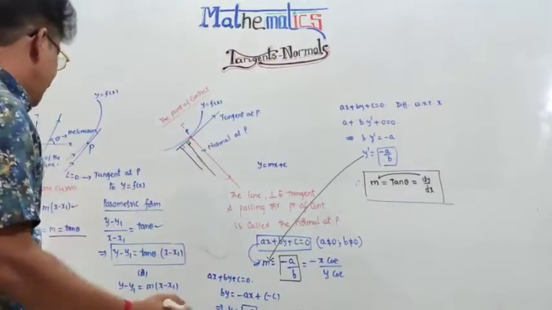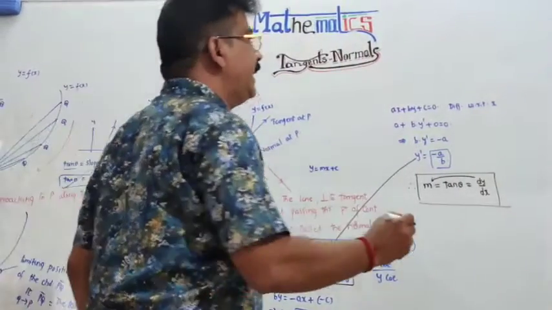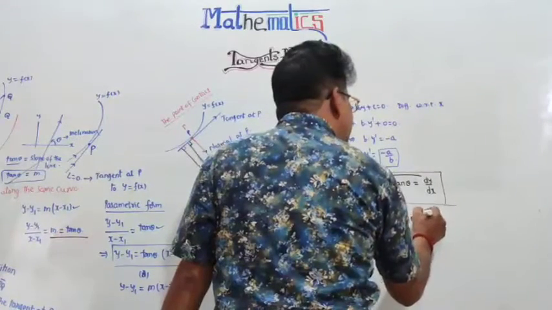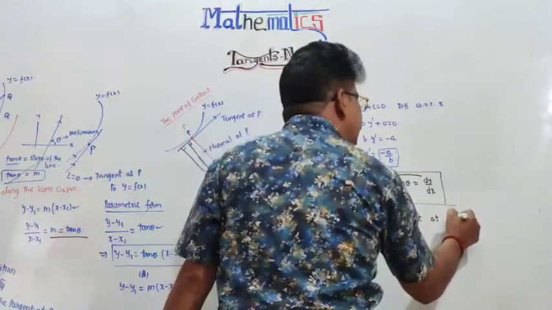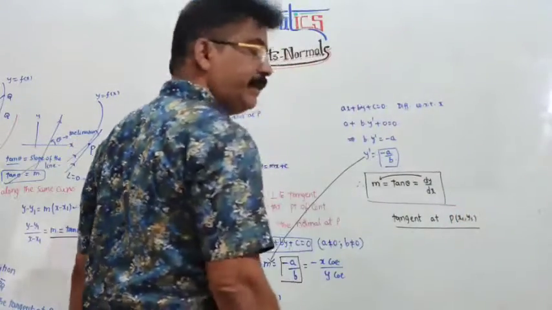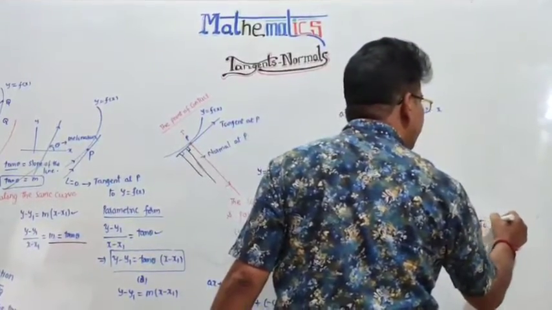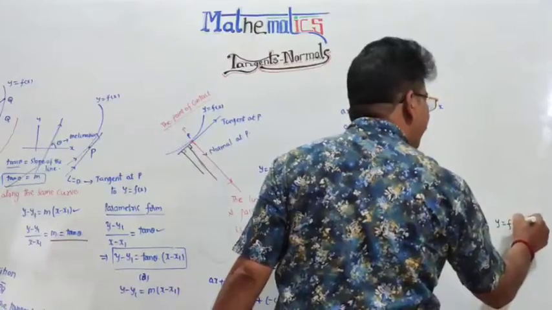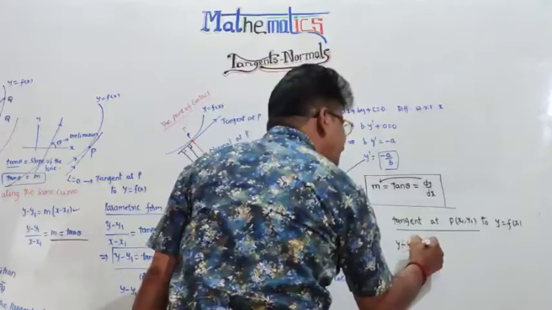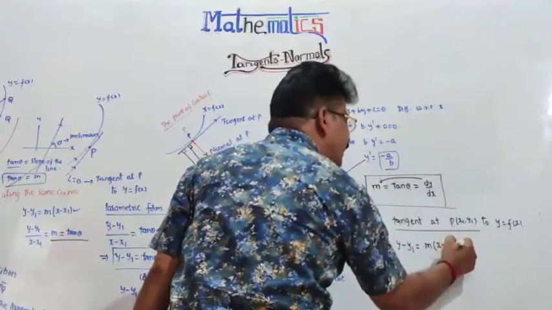So you come back here. This is the tangent at suppose capital P of x1 y1. Now I am writing the tangent equation at P of x1 y1 to the curve y is equal to f of x. We define it like that: y minus y1 is equal to m into x minus x1.